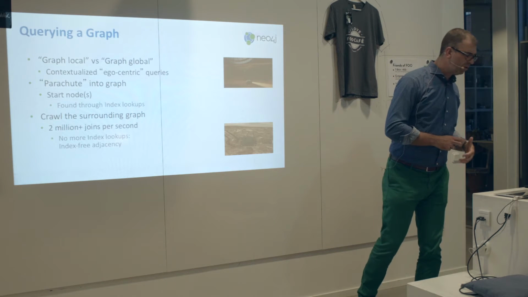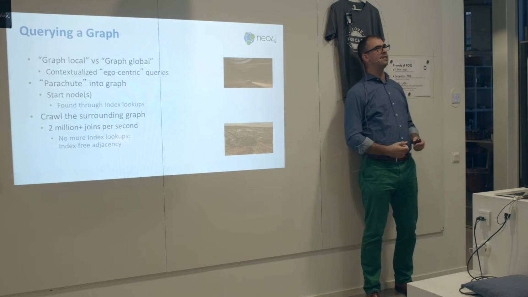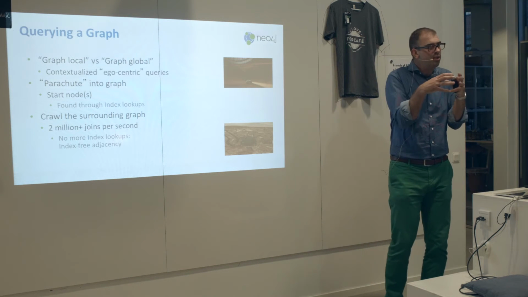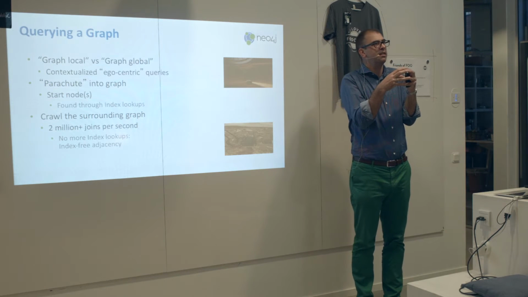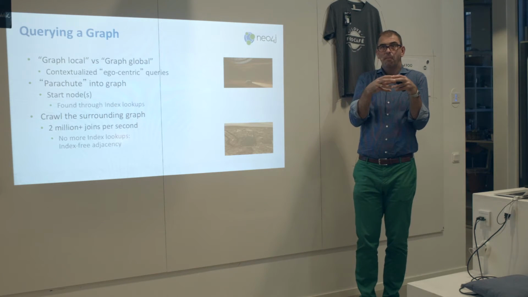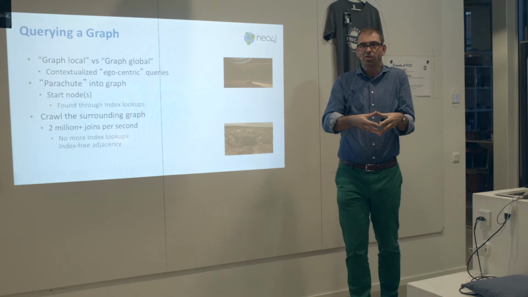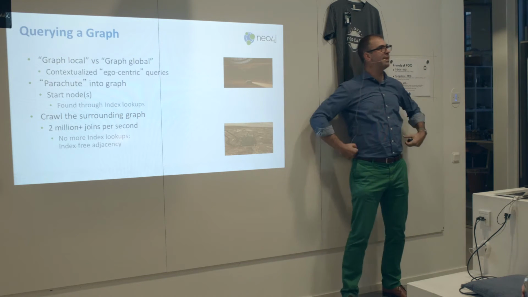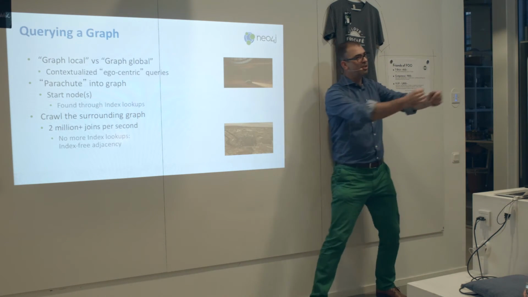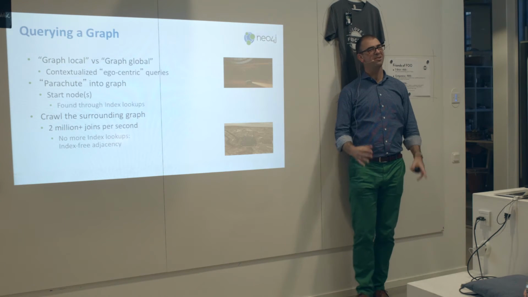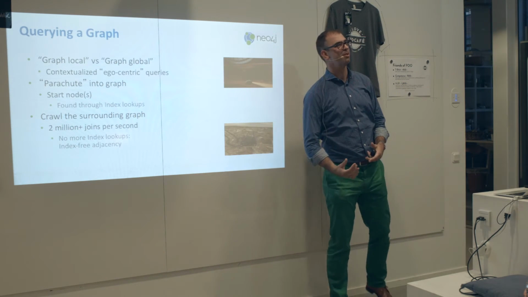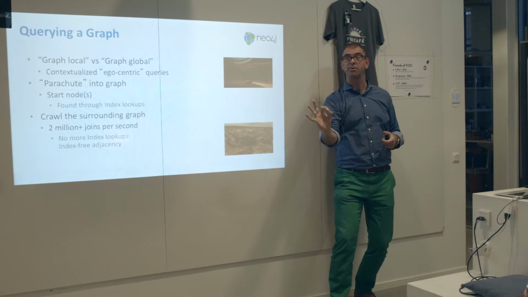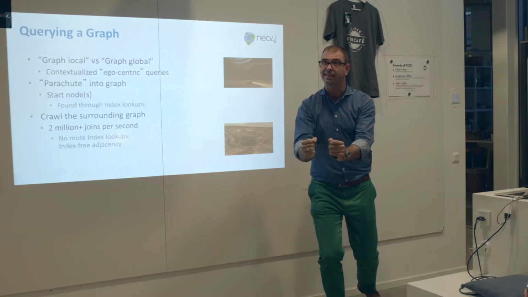What graph local queries offer is this idea of contextualizing your queries and making them touch only a very small part of the data, by anchoring your query to a part of the graph. I always picture myself flying with my jetpack over the network that's lying out in front of me. I used to say parachute, but I think the jetpack is just much nicer. So I fly over the network, and then I see something that interests me, and I land on that thing.